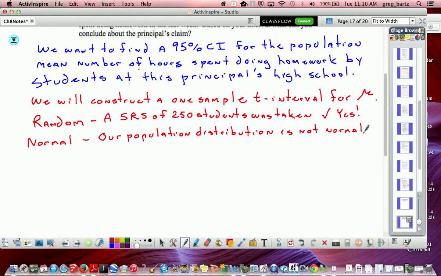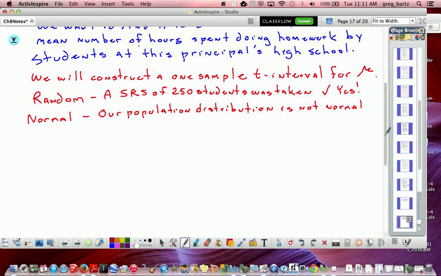However, what's going to help us out here? What's our sample size? 250. What is that bigger than? 30. And if it's bigger than 30, what allows us to say our sampling distribution is approximately normal? Well, I think I heard it. Central limit theorem, CLT.